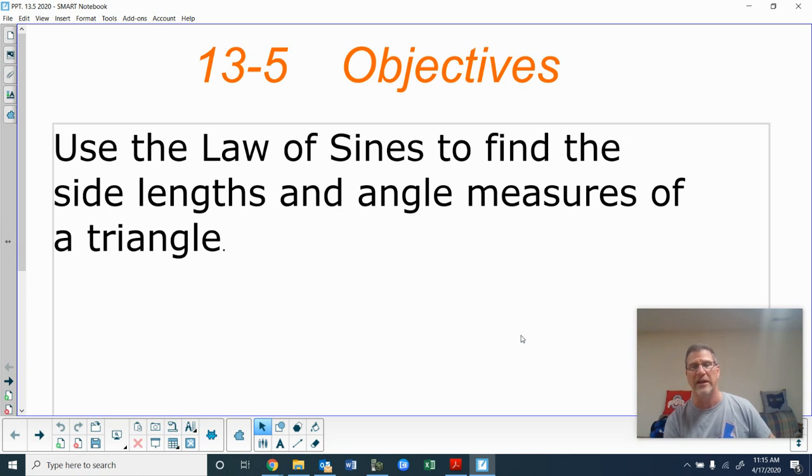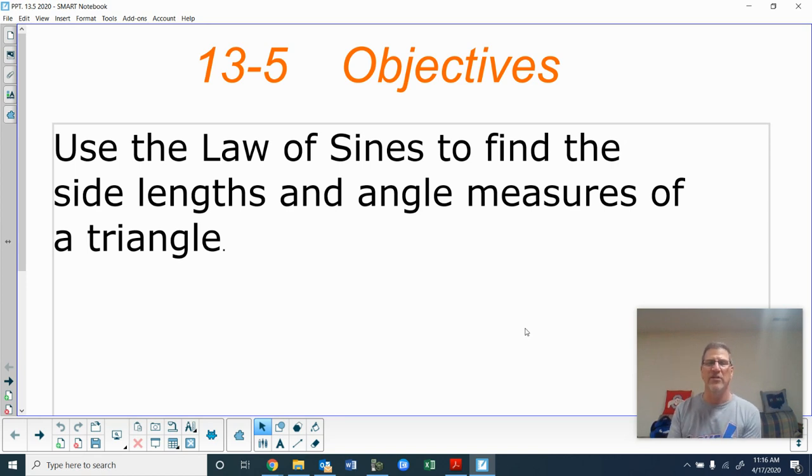This works for all triangles. Then next week we will do the law of cosines, and the following week we will have a quiz over these two sections. But this works for all triangles, not just right triangles like the last few weeks we've been doing.